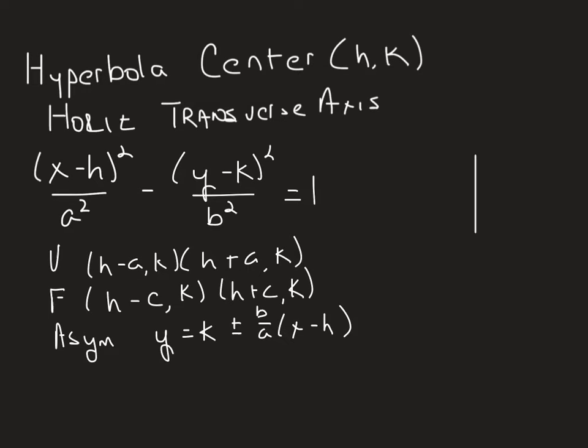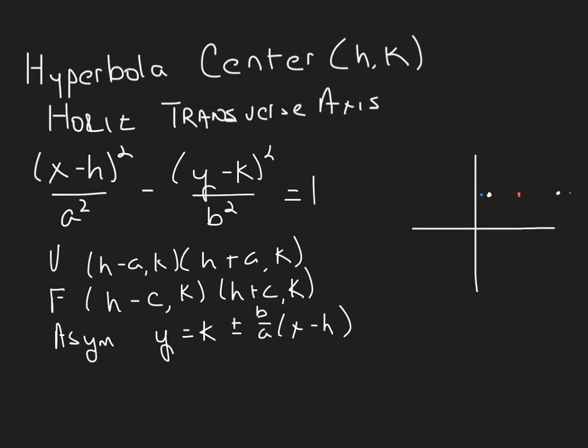So if we want to look at what that might look like, let's say that our center is right here. Here's our center (h, k). Our vertices are (h plus a, k) and (h minus a, k). The foci are going to be (h plus c, k) and (h minus c, k).